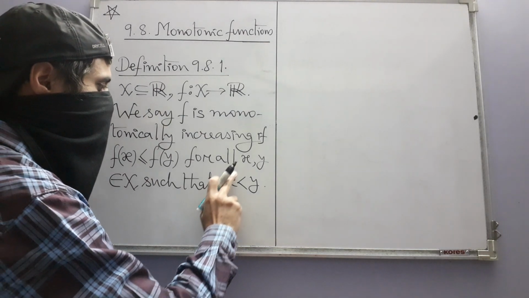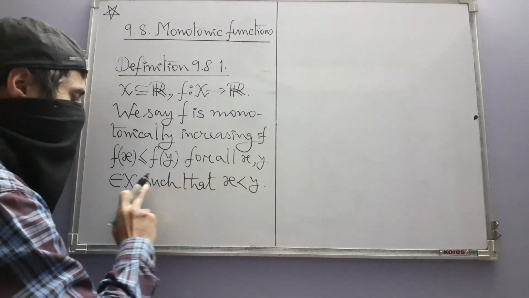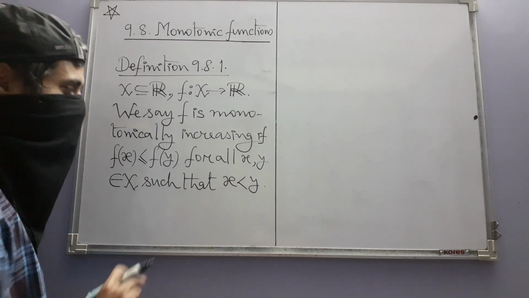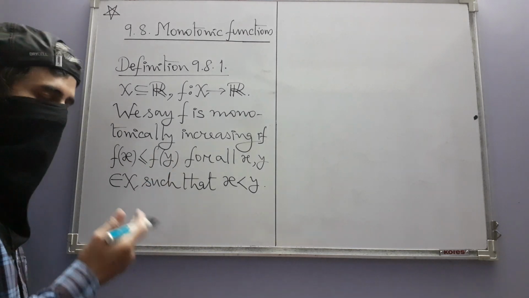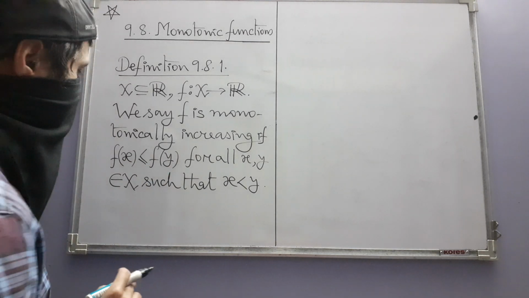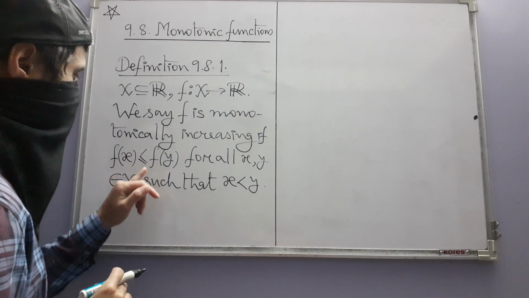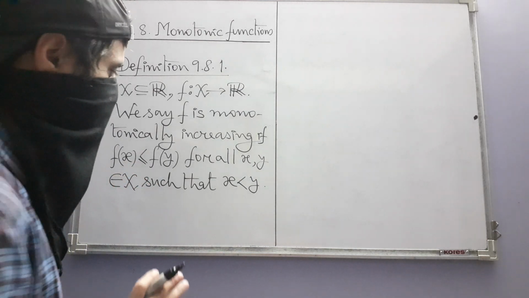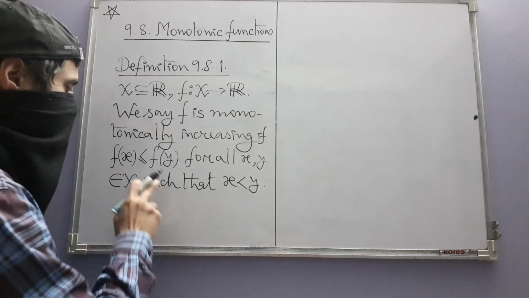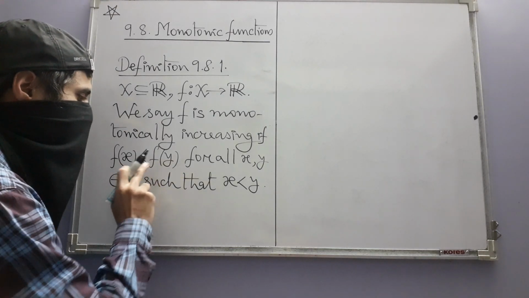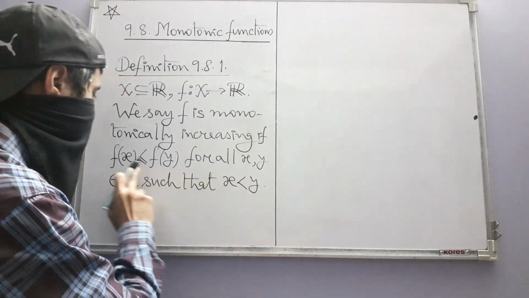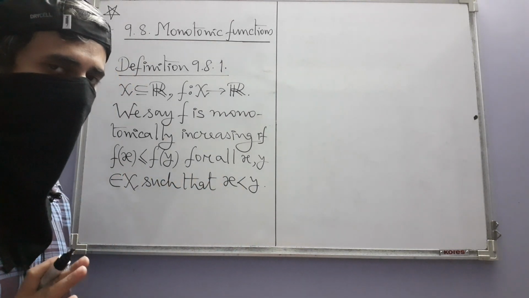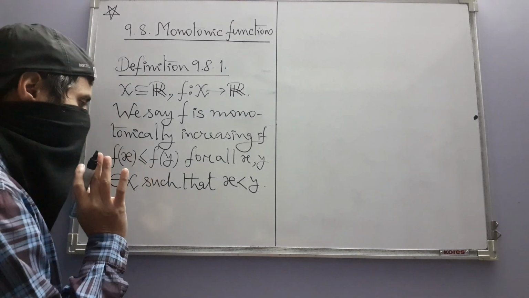So we take two elements x and y which are distinct in the domain such that x is less than y, and we see that f of x is less than or equal to f of y. This possibility of equality is kept. Okay, it may happen and it will happen if the function f is not 1 to 1. Then for two distinct points, f values will be equal. So that possibility is there.